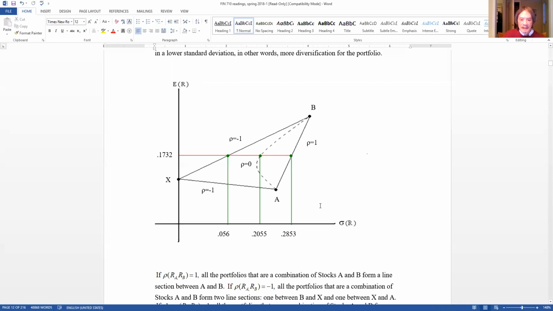Now, if the weight is 0.5 for A and 0.5 for B, then we are at this portfolio, which is this expected return and this standard deviation.